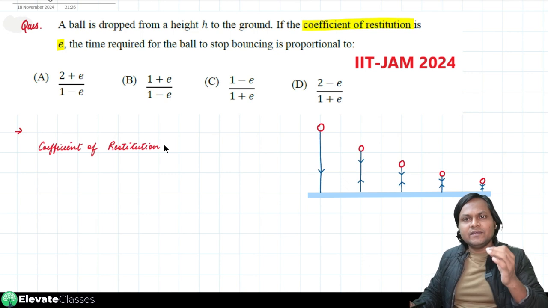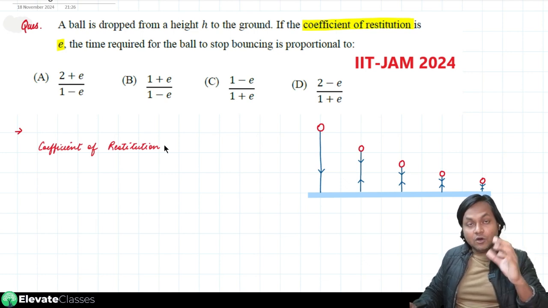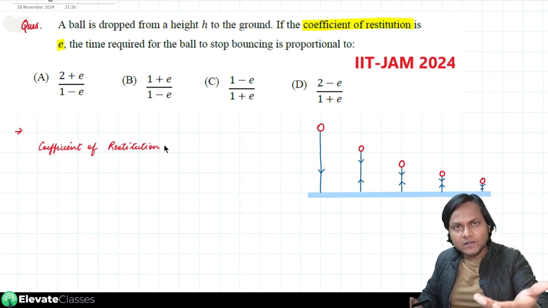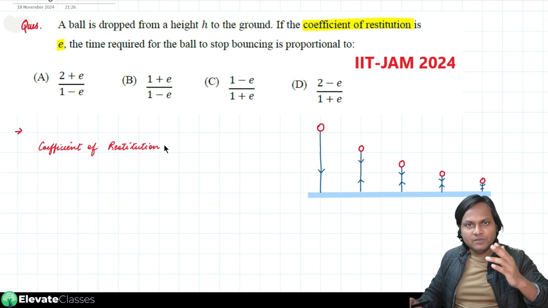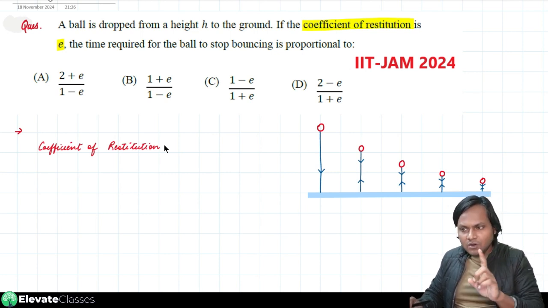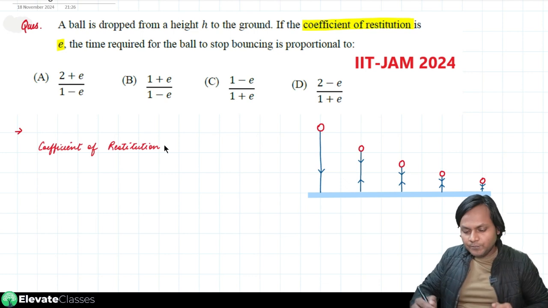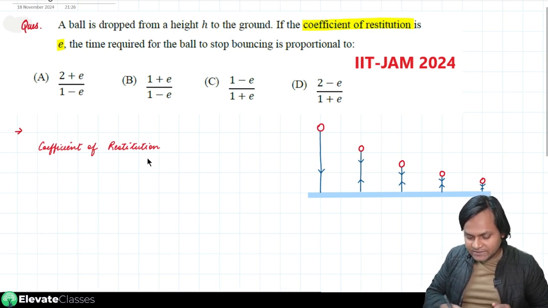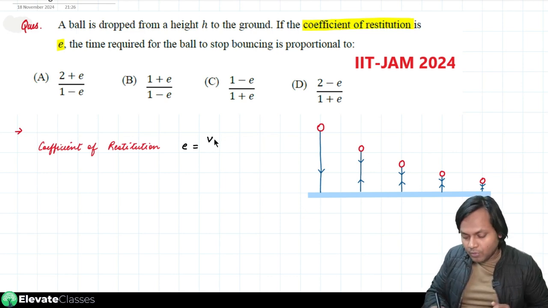It simply is the ratio of the relative velocity after a collision to the relative velocity before a collision. And because bounces are essentially collisions with the ground, I can simply say that the coefficient of restitution is the speed of the ball after a bounce has taken place to the speed of the ball before the bounce takes place.